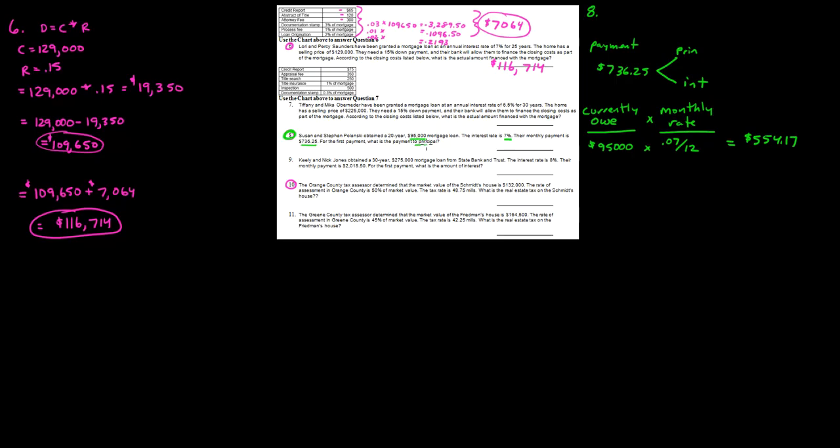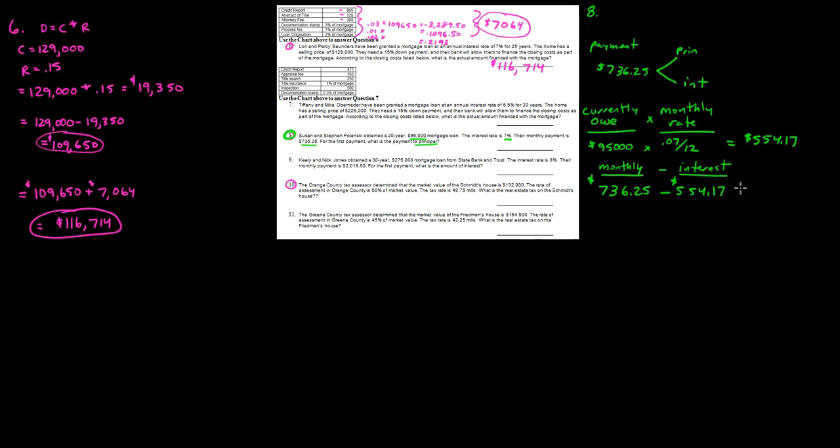The question is how much goes toward principal. So to find the principal amount, we take what the monthly payment is. Remember, the monthly payment is $736.25, and we subtract from that the amount that goes toward interest, which is $554.17. So we take our monthly payment, and we subtract our monthly interest.